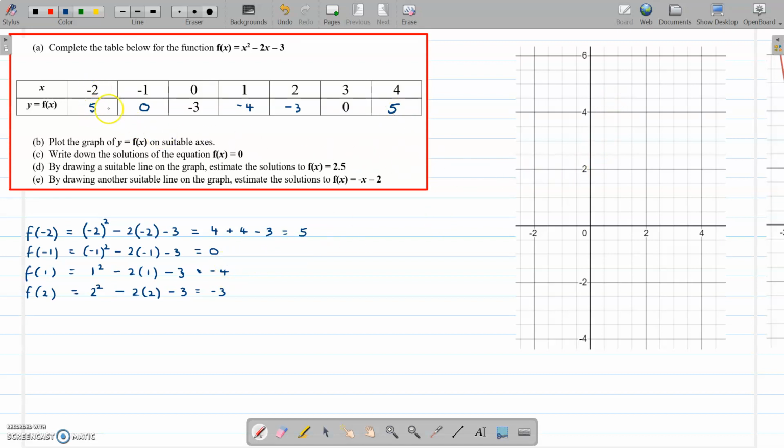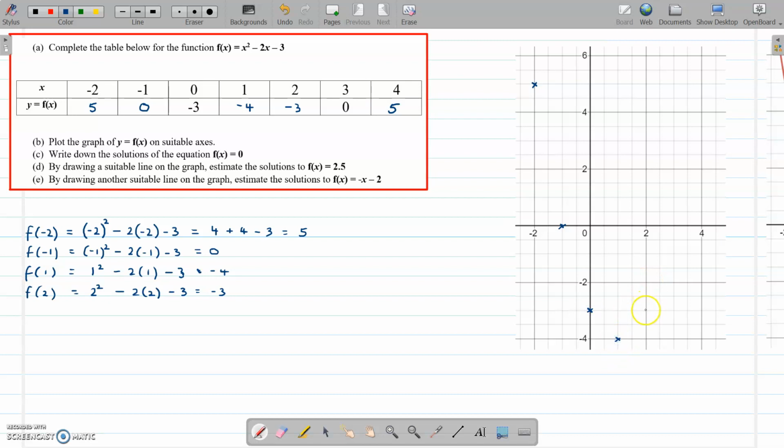So we plot the points quite literally as little crosses in the right place. The first point is that one there. The second point, negative 1, 0, is here. The third one is 0, negative 3, which is down here. Then we have 1, negative 4.